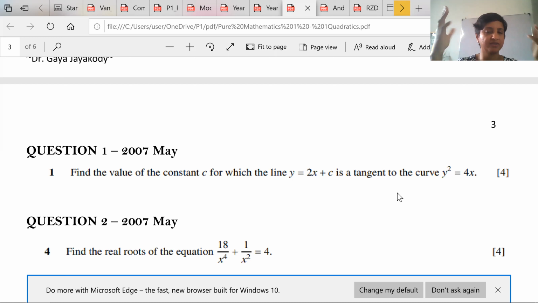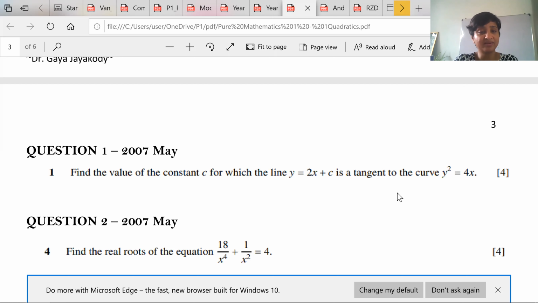I mean, it's not a parabola, it's not a circle, it's some other curve. I'm just discussing it here. You don't have to stop and think what kind of curve. That has nothing to do with solving this given problem. You don't have to know the shape of the curve.